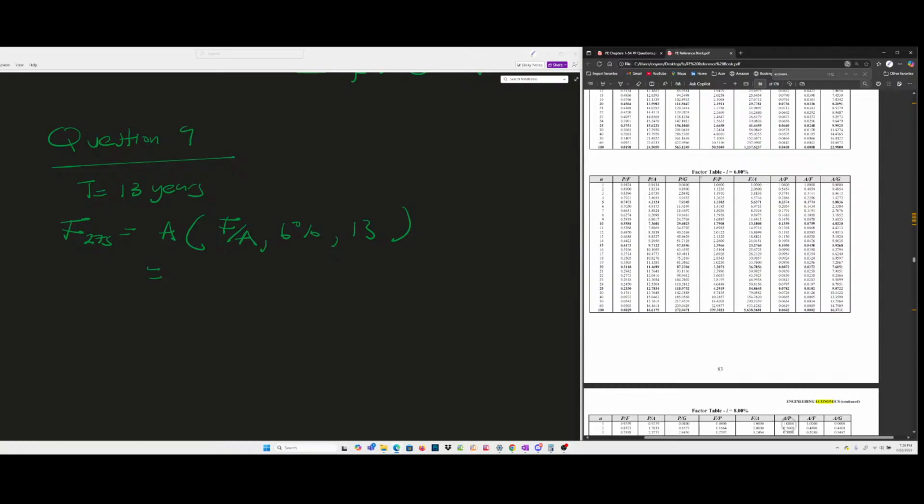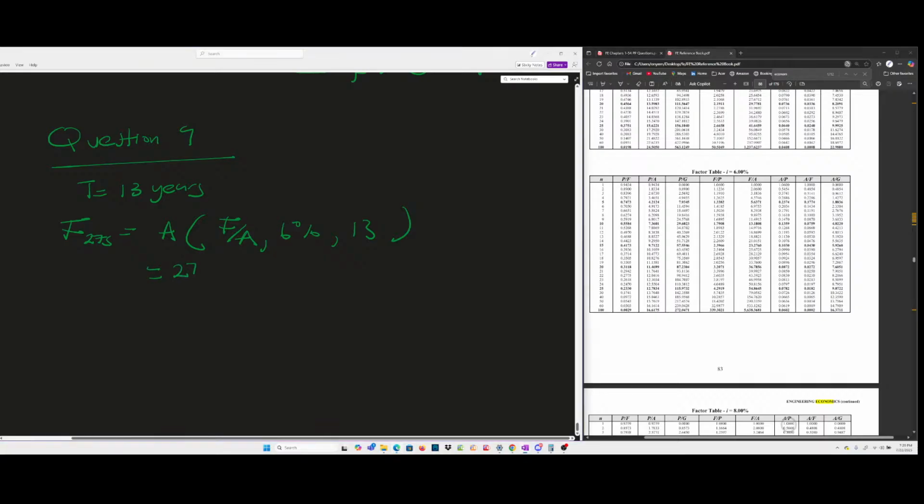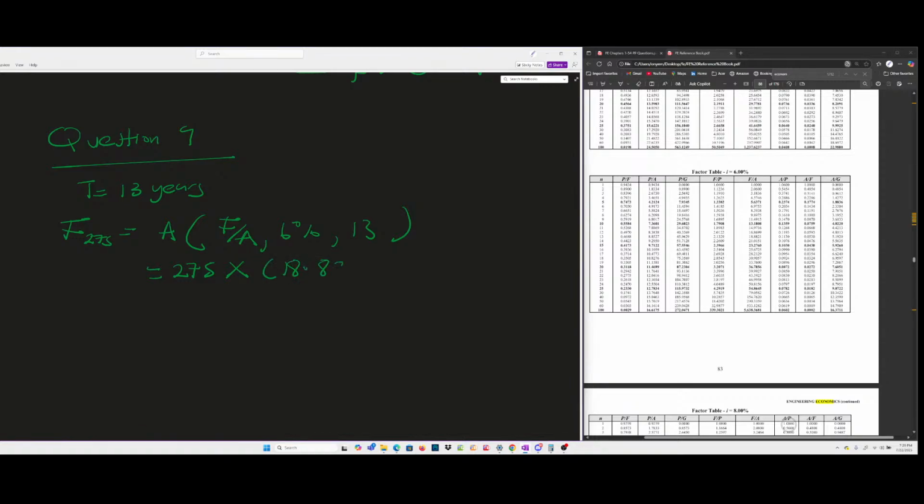So we're looking for F divided by A, and the period is 13 years. That gives us a constant of 18.8821. Remember our first maintenance is 275 multiplied by 18.8821.